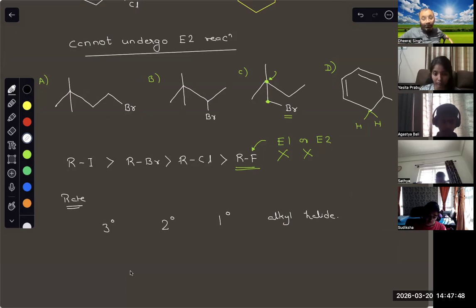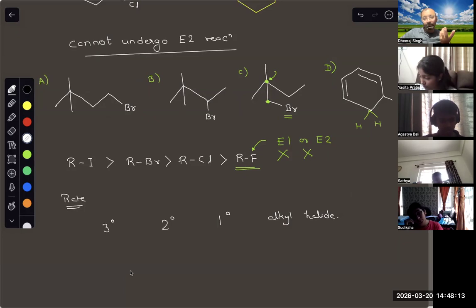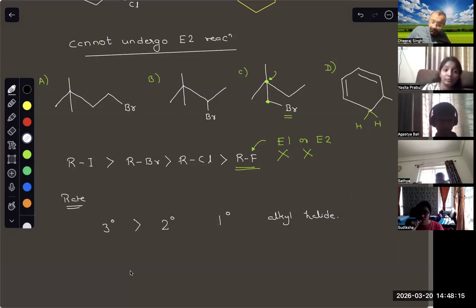You remember SN2, which one had the highest rate? 3 degree, 2 degree, 1 degree? 1 degree. Over here also you expect something similar, 1 degree, but that is not true. Over here it is 3 degree, 2 degree and 1 degree.